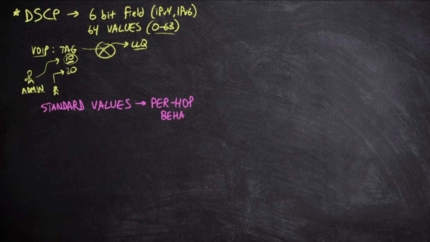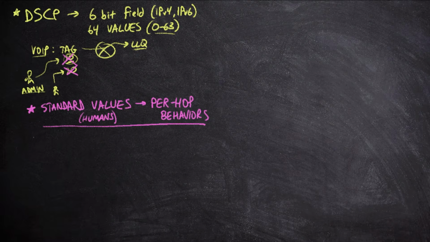Again, to be clear, the routers don't care what values we use. They're just going to apply whatever policy that we define. This is for the sake of us humans. We want to be able to look at a value and know that that value usually means XYZ, whatever that is. So we don't just want to use an arbitrary value of 20 or an arbitrary value of 10.